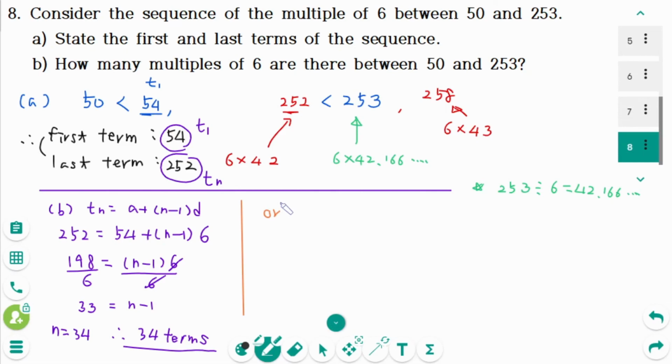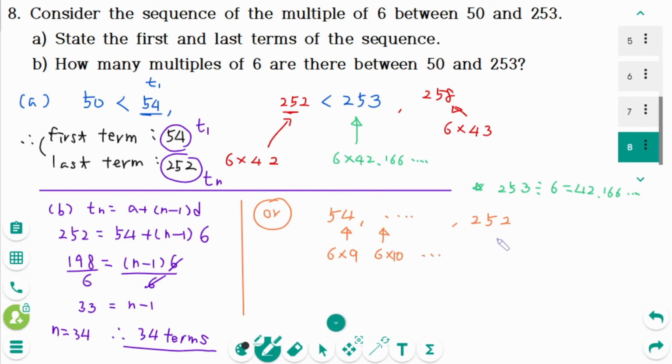Or, if we just want an answer without having to show how to solve it, the first term is 54, then the last term is 252. As you know, 54 is 6 times 9, then after that 6 times 10.